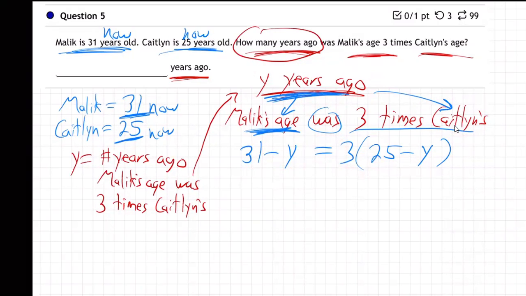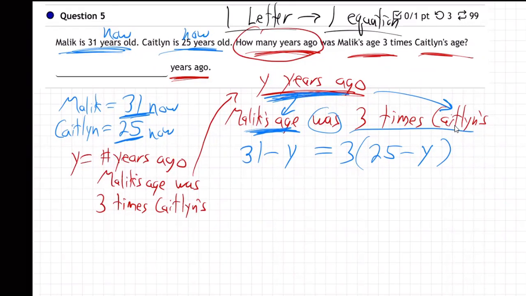So there's our equation. Notice we only have one letter. That's nice. One letter means we only have one equation that we need to work with. One letter, one equation. So we just need to solve that equation.